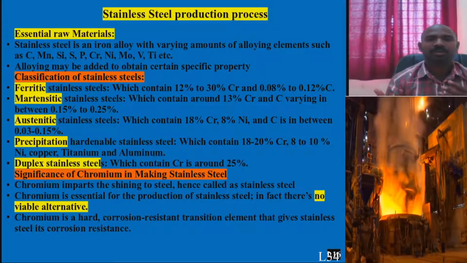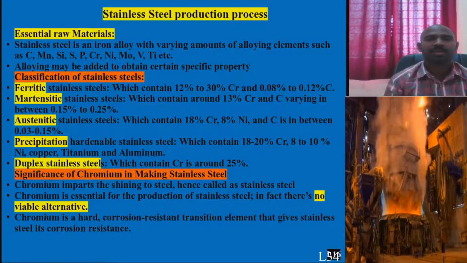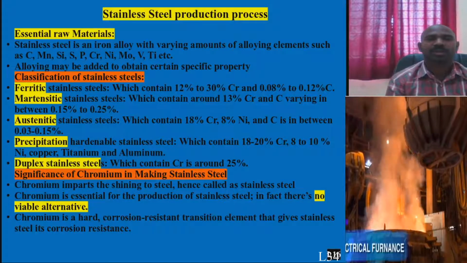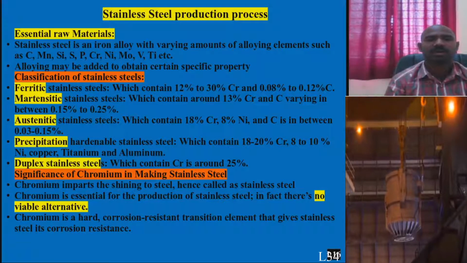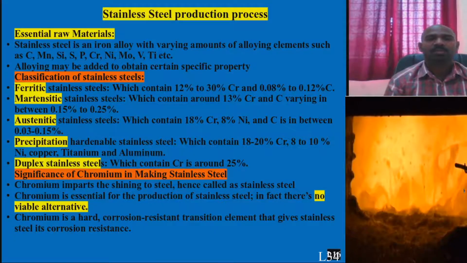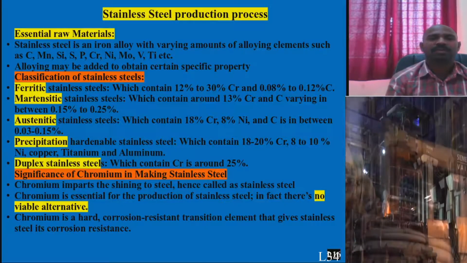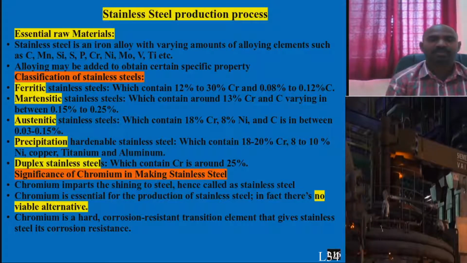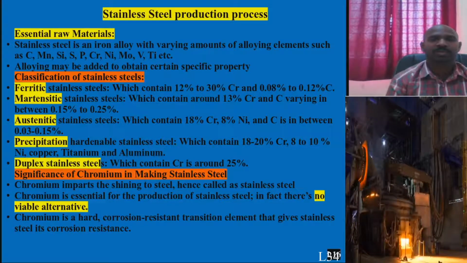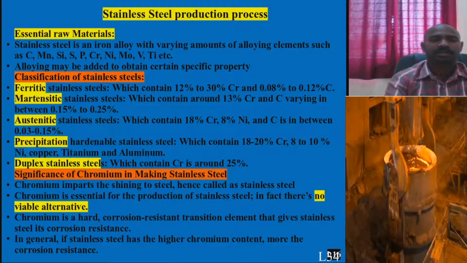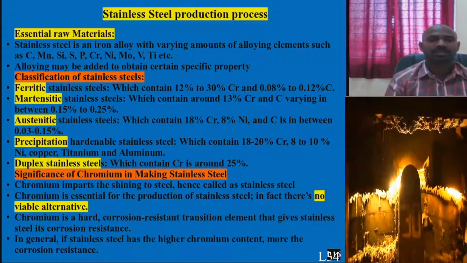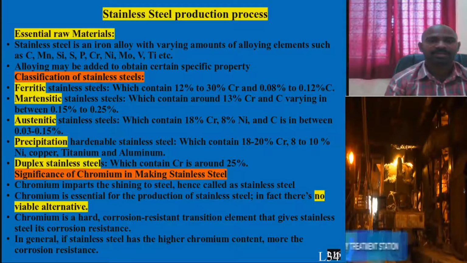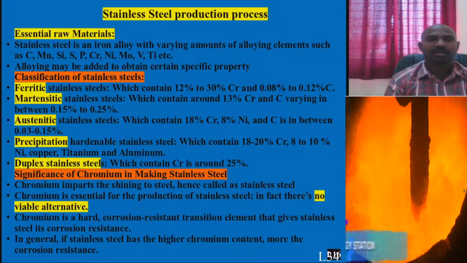The element chromium is inherently a hard and corrosion resistant transition element. That is why it is used to improve corrosion resistance. CR stands for corrosion resistance; you can remember it like this. Generally it is said that the higher the chromium, the higher the corrosion resistance. Please remember this point.